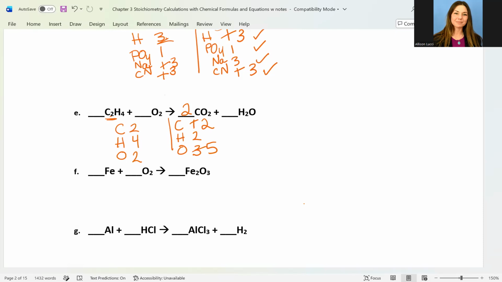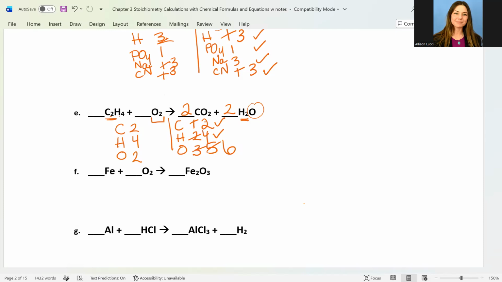So now my carbons are equal, but my hydrogens are not, so I need 2 in front to give me that 4 coefficient now. So now they're balanced. I have carbons looking good, hydrogens looking good, and I've also added another oxygen. So now this is a 6. We always do oxygen last because it's by itself here.